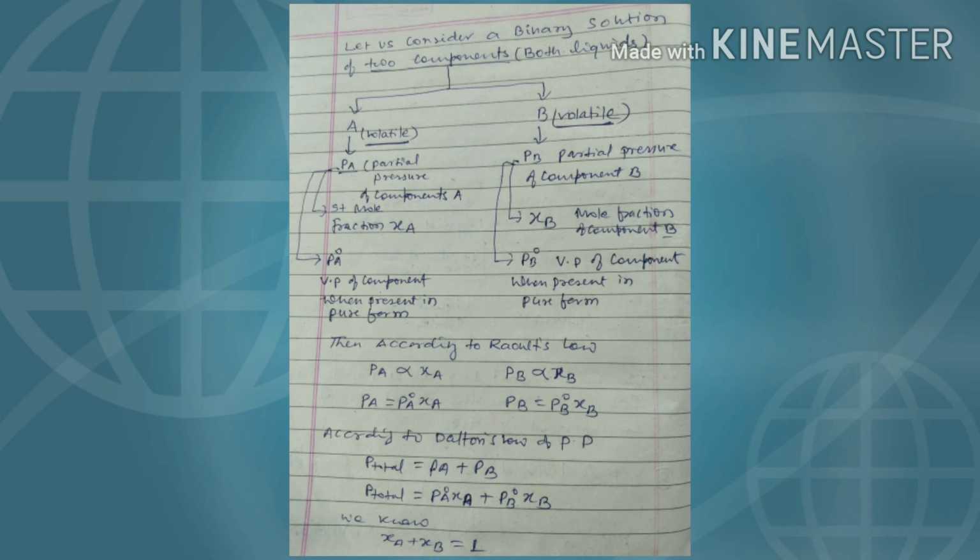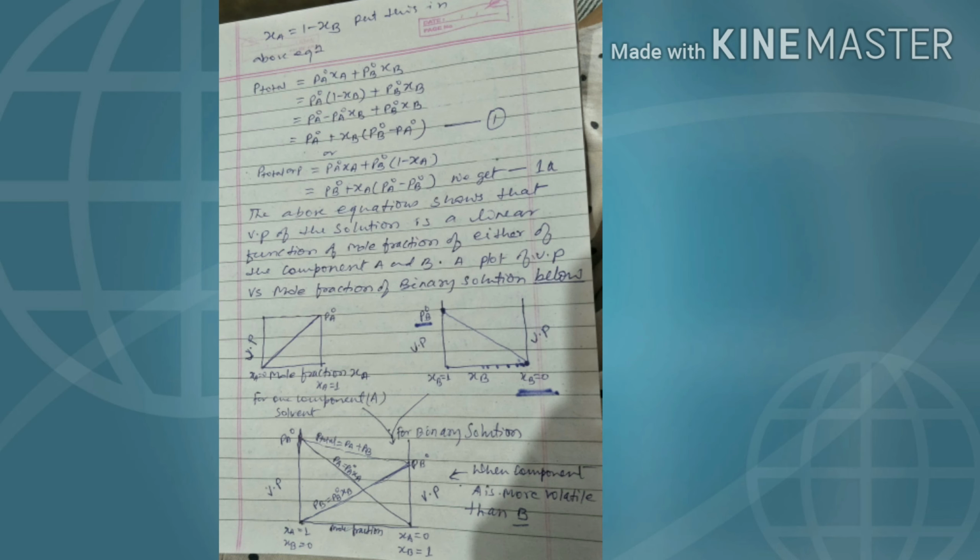As we know, XA plus XB is equal to 1. Putting the value of XA, that is XA is equal to 1 minus XB, in the above equation, we will get equation 1. In equation 1, P total is equal to PA naught plus XB bracket PB naught minus PA naught.